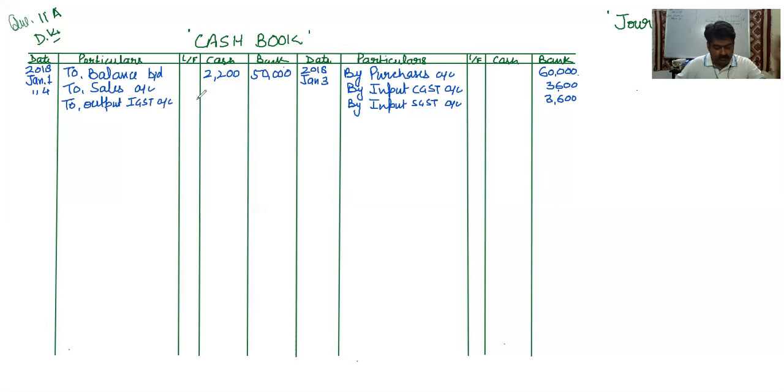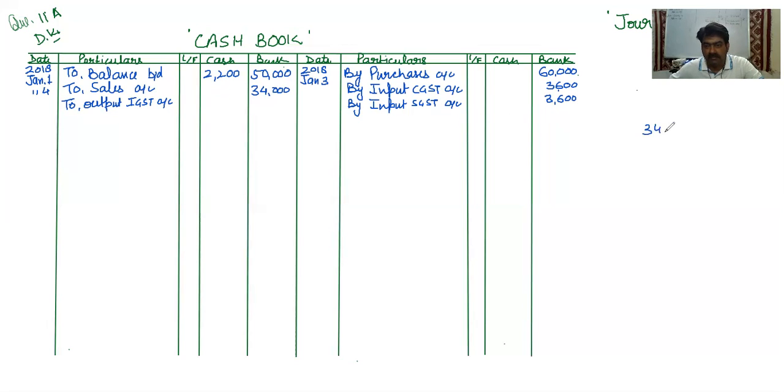Okay. And 40,000 rupees selling price, trade discount is 15%. 40,000 into 15% will be 6,000. So amount will be 34,000. That will come in bank column, and we have to charge 12% tax.